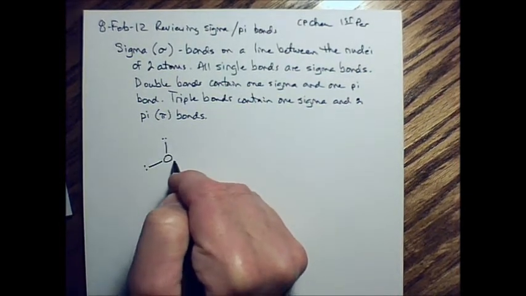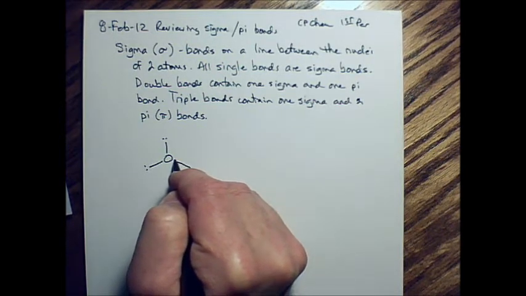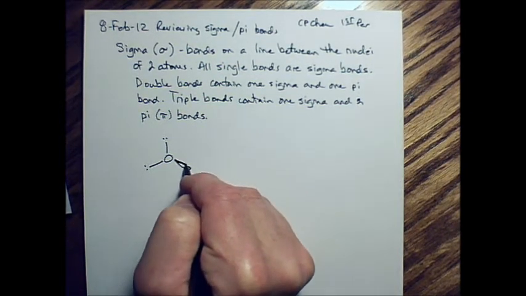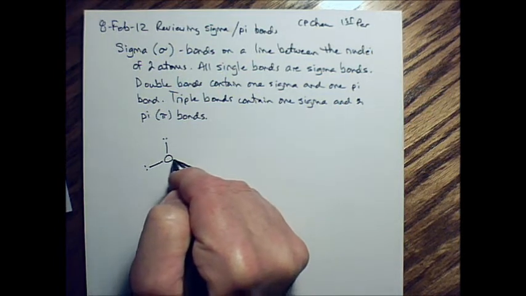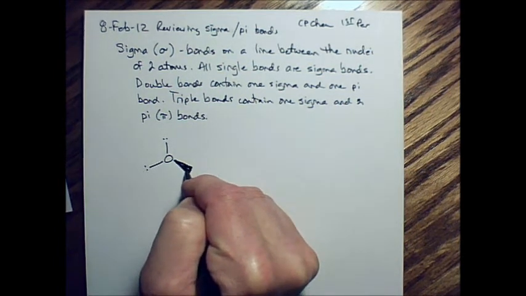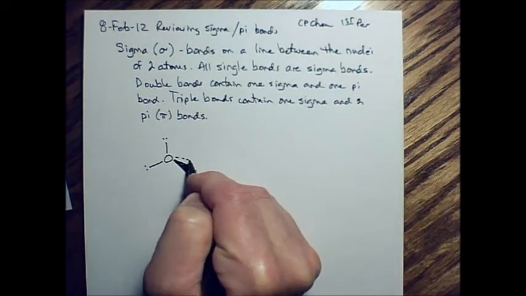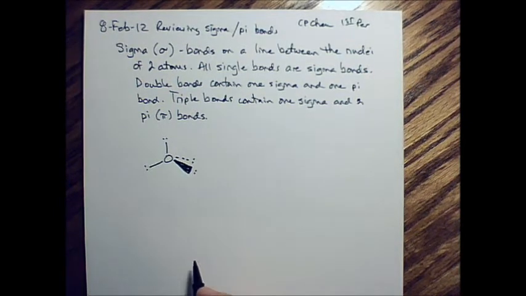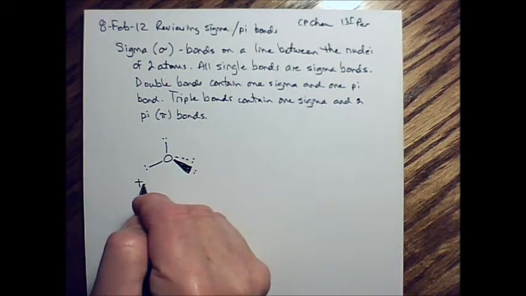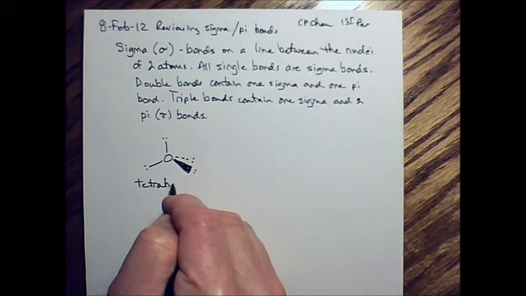And we call this the electron pair shape. And it's a tetrahedral because there are 4 arms around that central atom here. Okay? This is a tetrahedral electron pair shape.